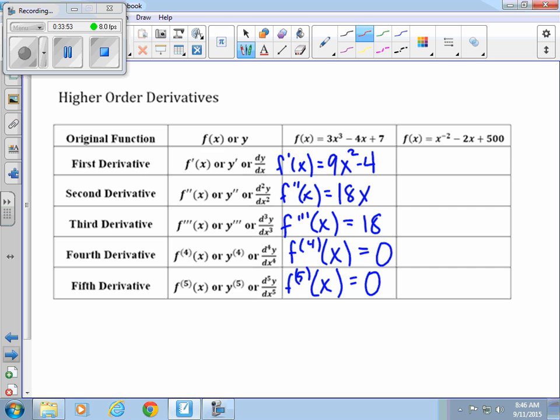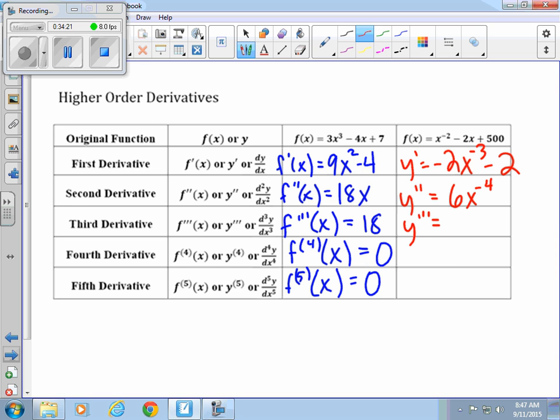I'll call this one y prime: negative 2x to the negative 3, minus 2. The 2 does go away. The second derivative is 6x to the negative 4. Am I going too fast? You're good for the last slide.